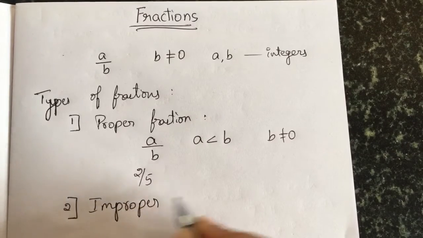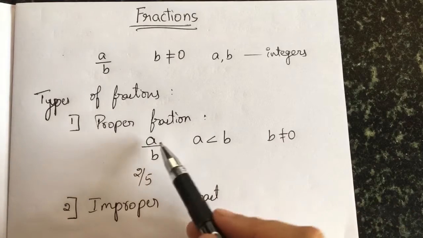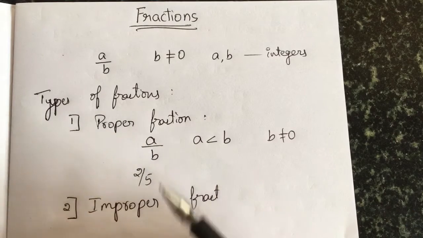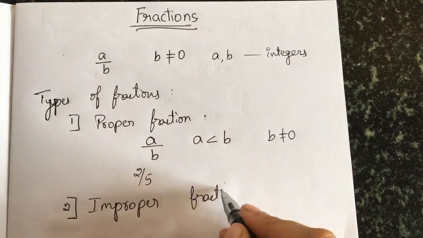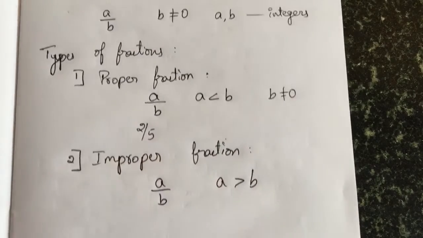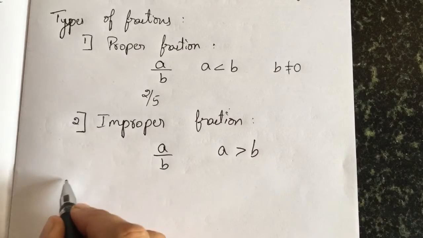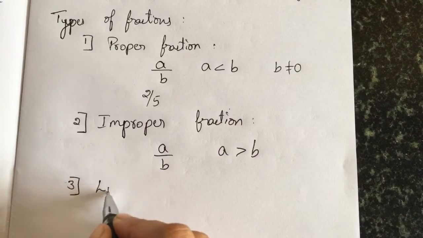Improper fraction is nothing but a fraction where the numerator is greater than the denominator. When I take a by b, here a is greater than b, then we say it's an improper fraction. Next, like fractions.